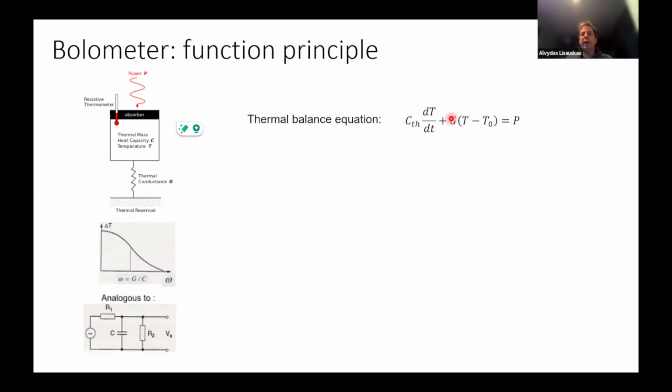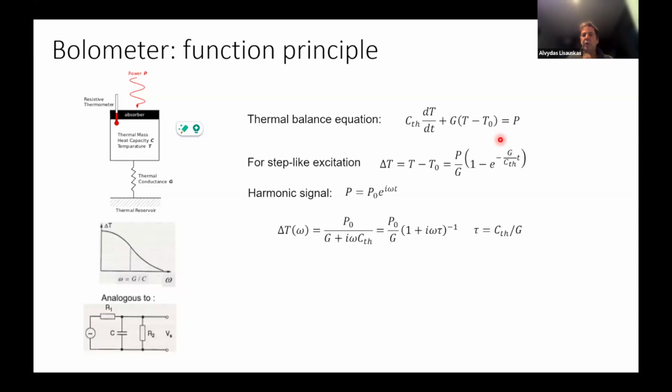We have a change of temperature multiplied by heat capacity, then thermal conductance multiplied by the temperature minus the temperature of the bath, and then the power which is applied. With this thermal balance equation, we can calculate what the temperature change will be for a step-like power excitation. We apply power, and then the temperature in this system will change.